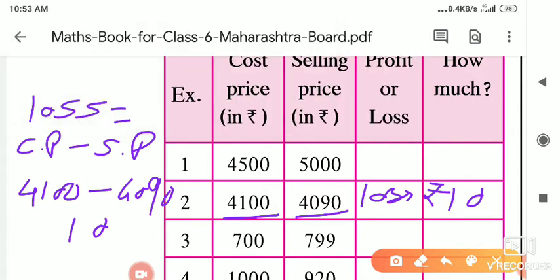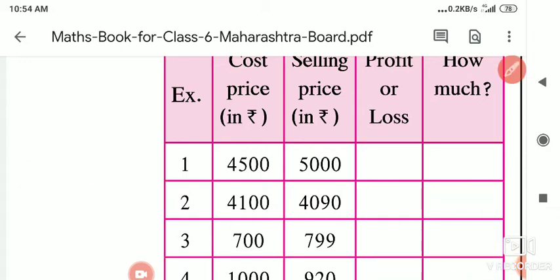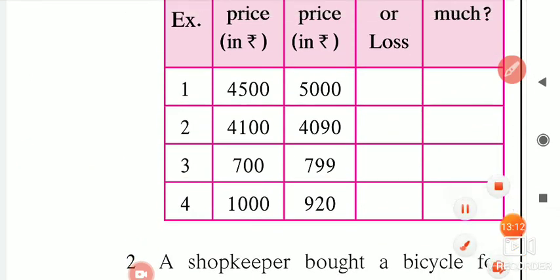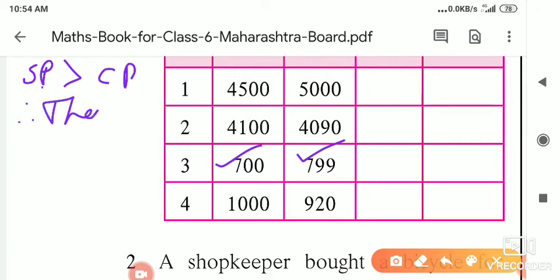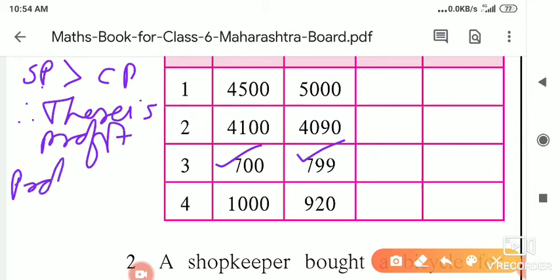Now the next example we will see. In the third example, CP is equal to 700 rupees, and SP is equal to 799. Here SP is greater than CP, therefore there is a profit. And what is the formula of profit?